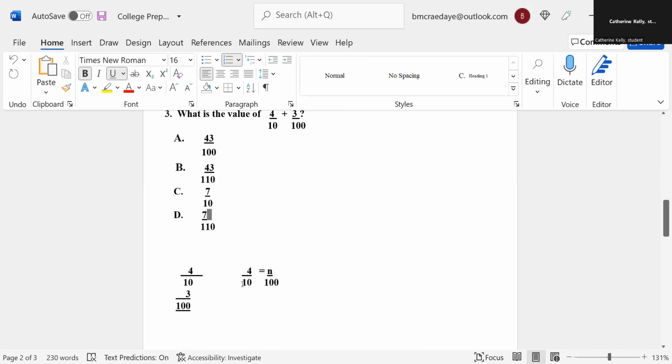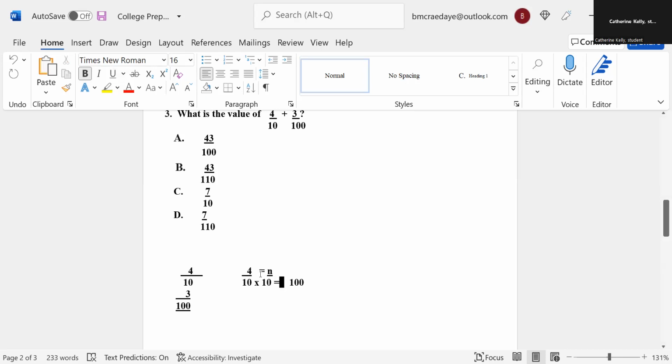Well, to go from 10 to 100, what operation? Do you have to divide? No, this is increasing. You multiply. So what number times 10 gives 100? 10, that's right. So this would be times 10, and that's equal to 100.